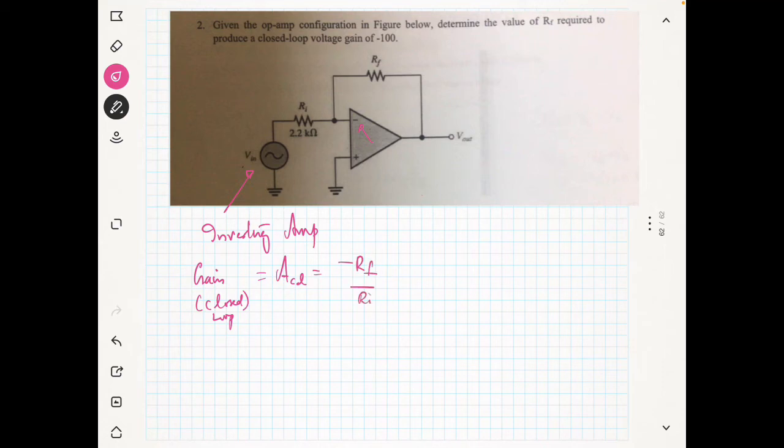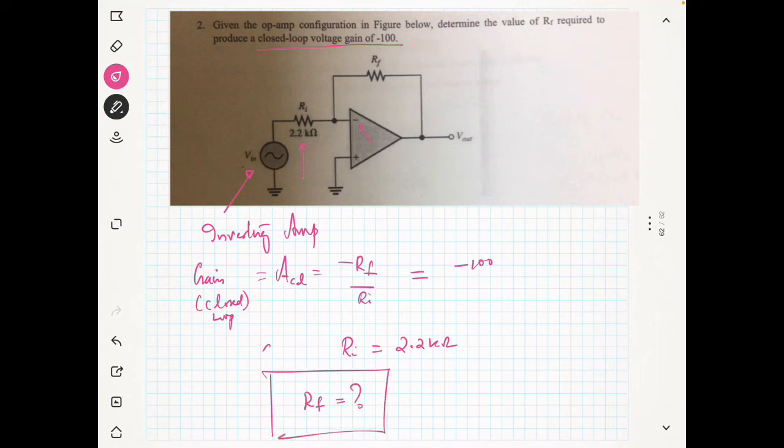Now the gain is given, and it has been given that the gain is equal to minus 100, and RI is also given. You see here RI is 2.2 kilo ohm. So what is my RF? That is the question.